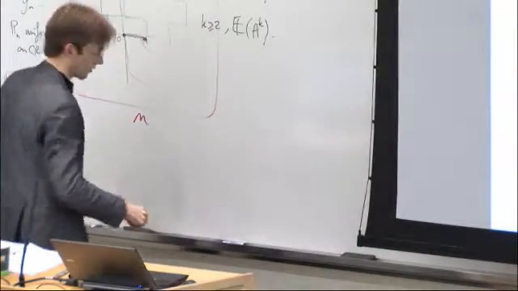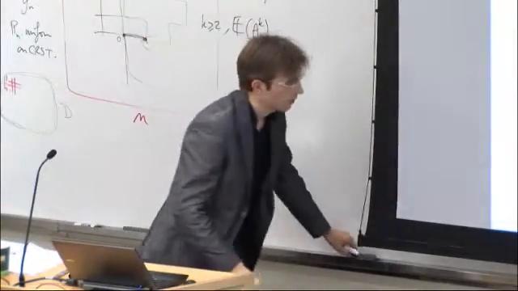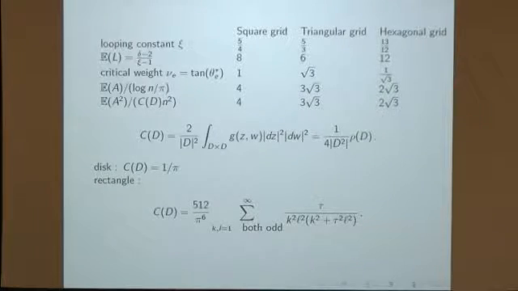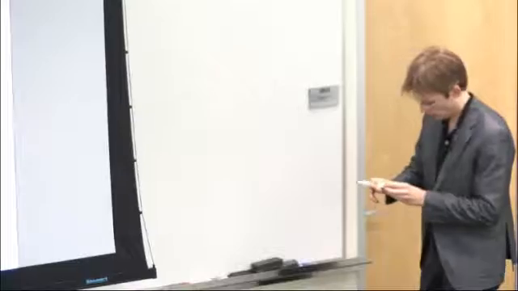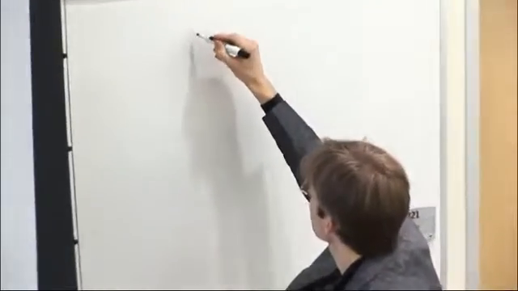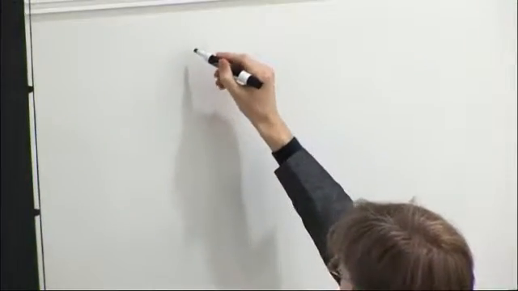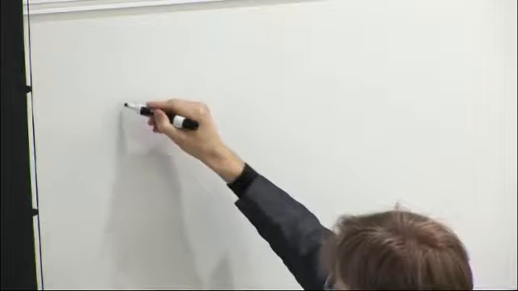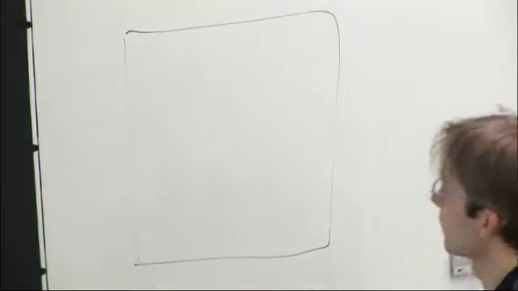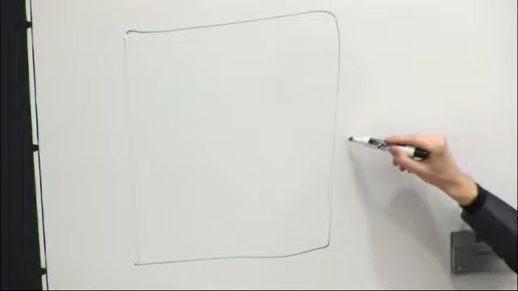Now, maybe I will explain a little bit about the proof. So let me start with the area. I'm just going to consider the case of a large box of size n.